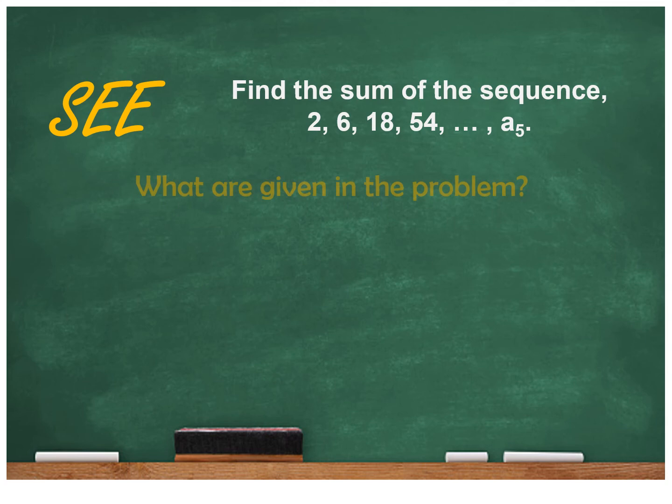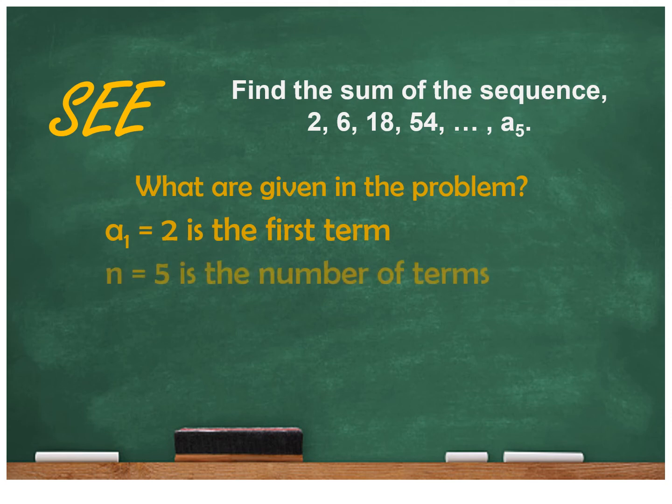We have to identify what sequence is involved so that we can identify what formula to use. Given the sequence 2, 6, 18, 54, and so on, we have a sub 1, which is 2, as the first term, and n is 5.